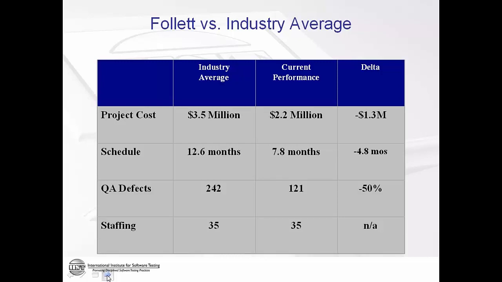And when we calculated and looked at half a dozen projects for their environment, they were building not at 3.5 million costs for their release, but 2.2 million, a full 1.3 million cheaper. 7.8 months instead of 12.6, half the defects, 121 versus 242, while using the same typical headcount team size of 35.